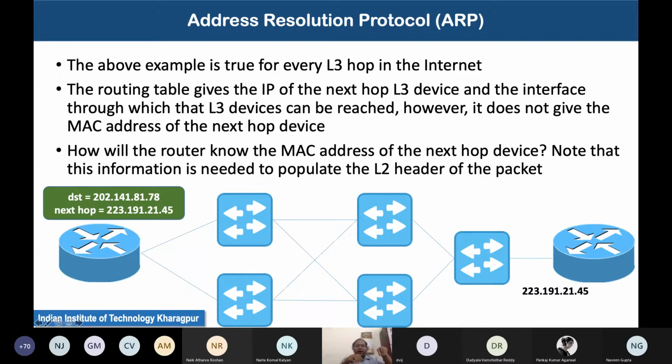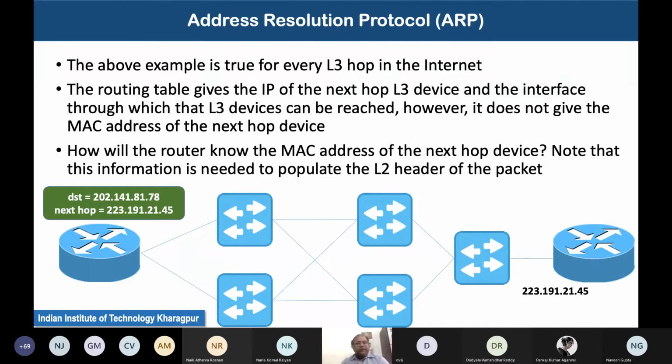In layer 2 forwarding, you create a kind of spanning tree across the switches. The detailed procedure of constructing this spanning tree across the switches, we will talk about later on. But ideally, you create a spanning tree of the switches, and then you use the MAC address to forward the packet. Okay, so broadly it happens in this way.